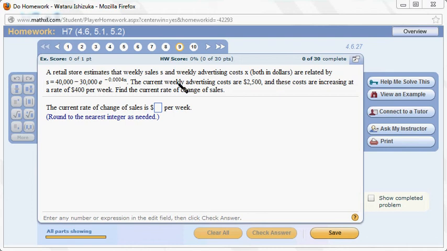Currently, weekly advertising costs are $2,500 and costs are increasing at the rate of $400 per week. Find the current rate of change of sales. So let's do that.